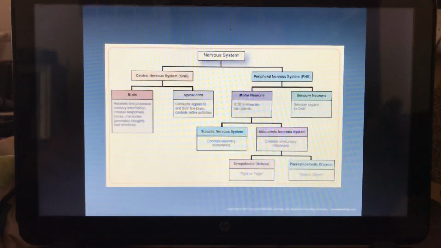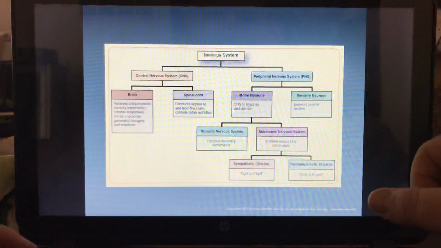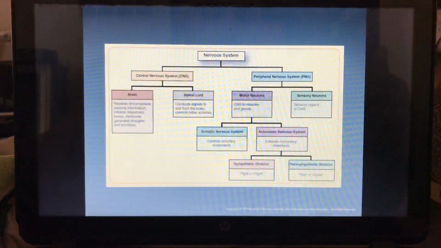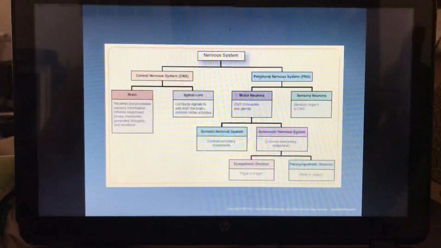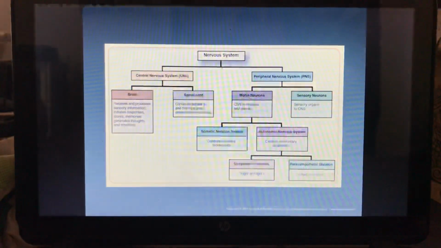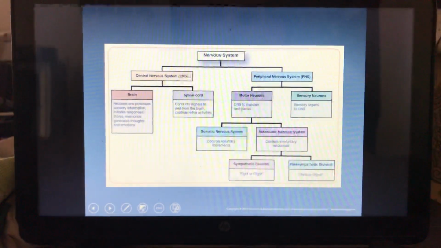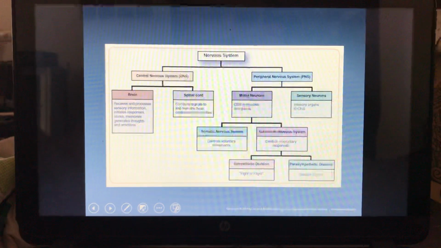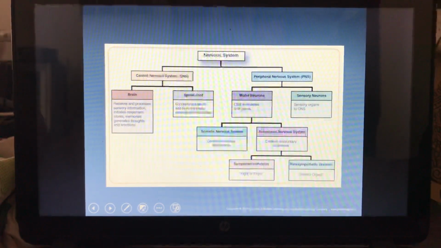Sensory is the input. So basically what you have in your peripheral nervous system is output and input. Output is basically your motors and signals being delivered to the body to tell the body to do something. Sensory is like the information collection. It's like, all right, I feel it's hot, it's cold, what should I do? Let's tell the brain what we've got, and then we can make a decision from there.